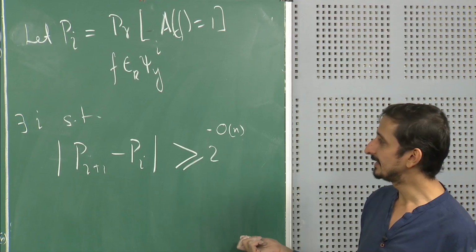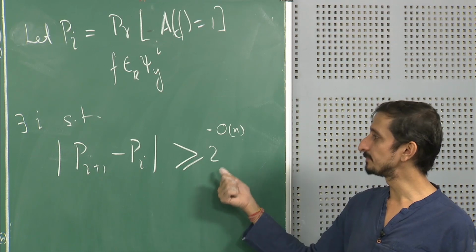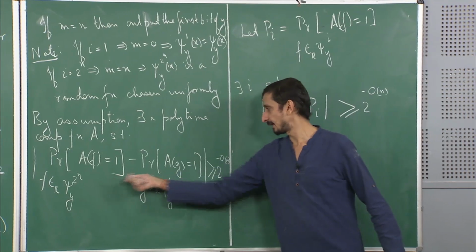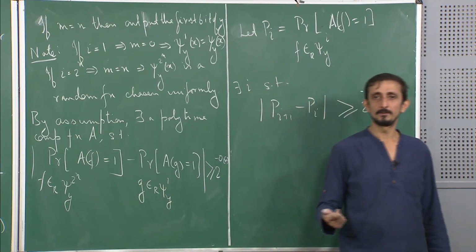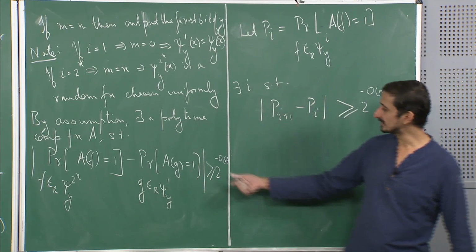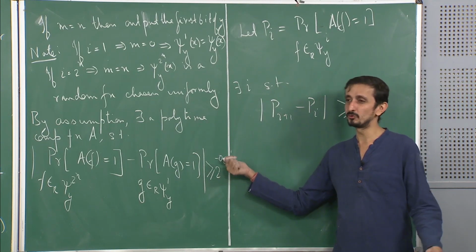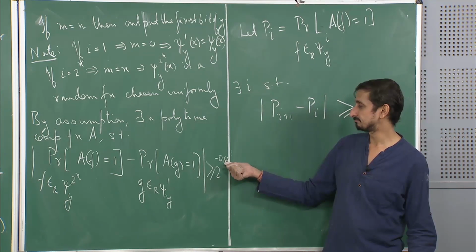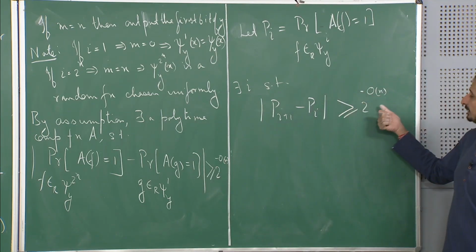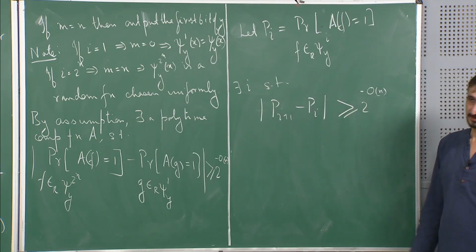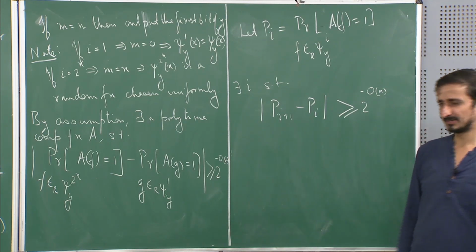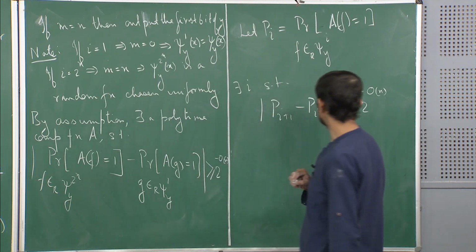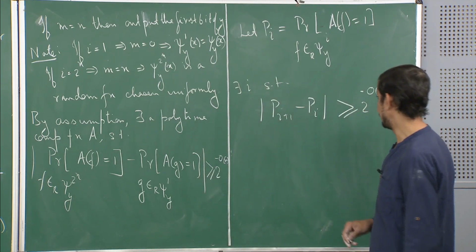If each one is bounded by at most 2 to the power kn, then by summing up, the total is bounded by 2 to the power (k plus 1)n. So this has to be bigger than 2 to the power minus (k plus 1)n, a constant changing by 1. So there exists an i where this is happening.